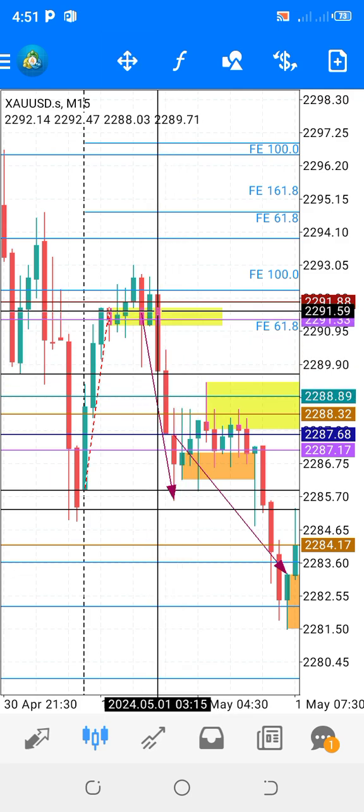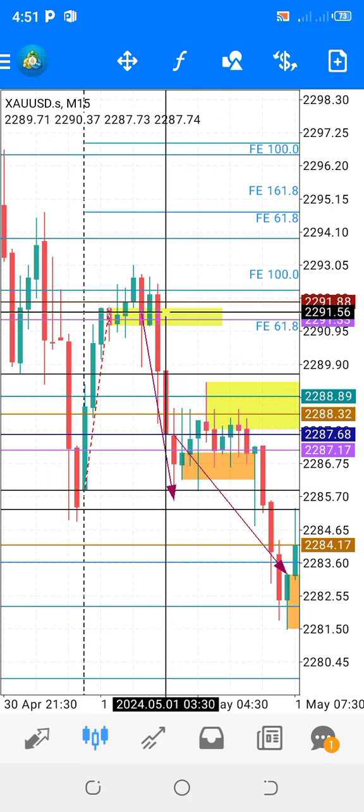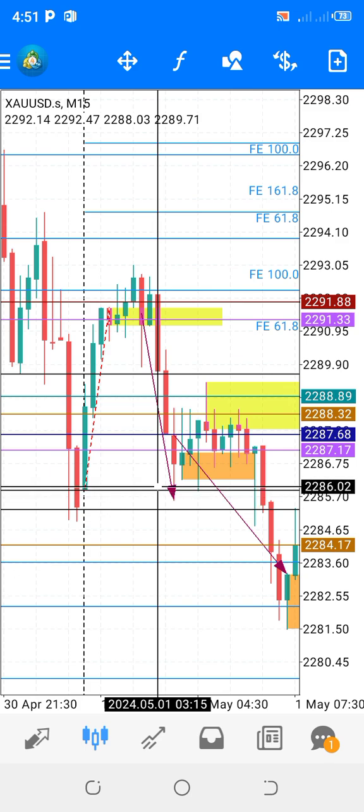So let's mark it from entry level 2291, then to profit level 2285, that's 60 pips or thereabout. So that's about 60 pips. So 2291, that's about 60 pips taken.